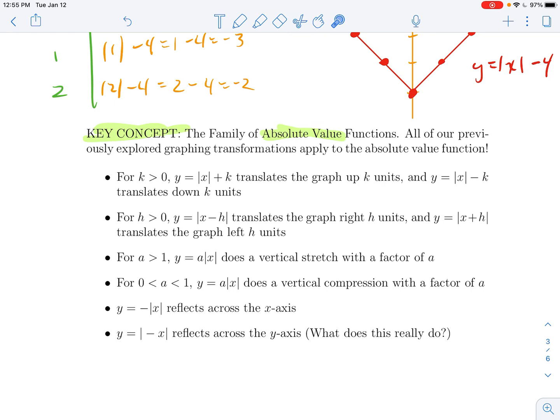If I subtract on the inside, it shifts it to the right. If I add on the inside, that shifts it to the left. All of these we saw before. If I multiply by a number bigger than 1, it does a vertical stretch. If I multiply by a positive number smaller than 1, it does a vertical compression. Putting a negative outside reflects across the x-axis, which turns it upside down.